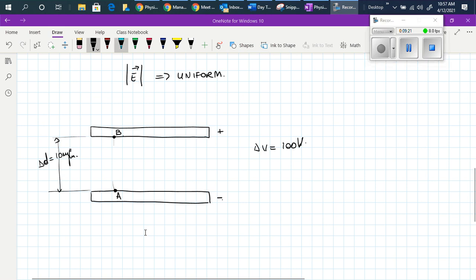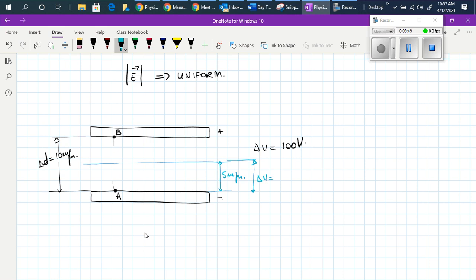And when we are at a distance that is, let's suppose, 5 millimeters away from plate A, which is the mid distance, then the change of voltage between plate A and the mid distance is equal to 50 volts.